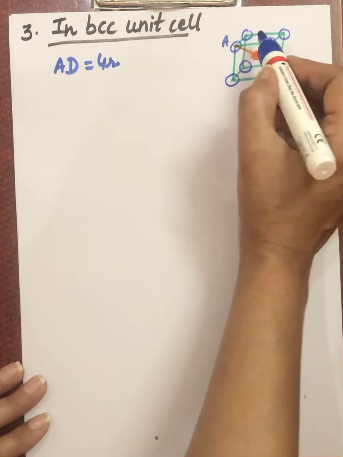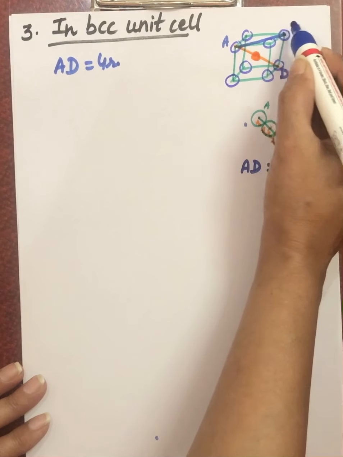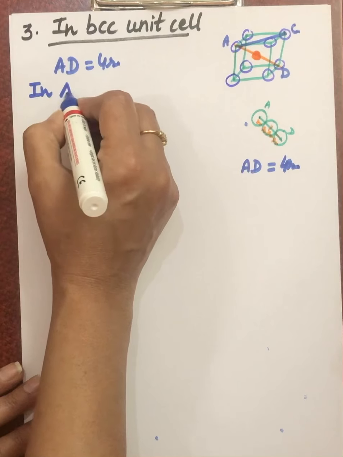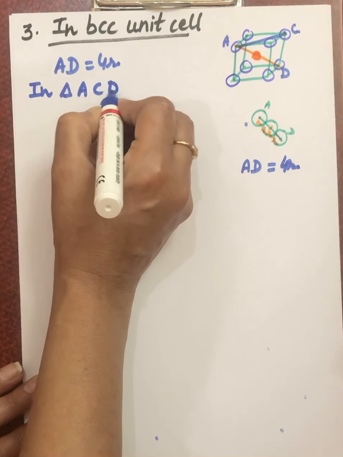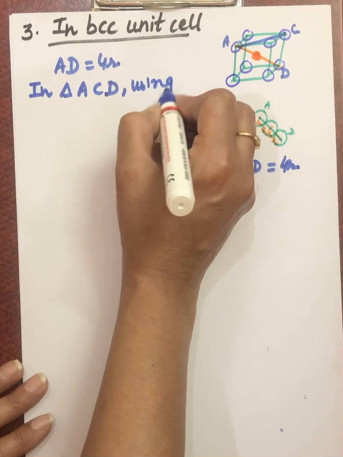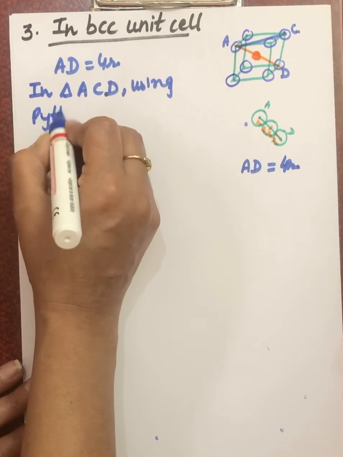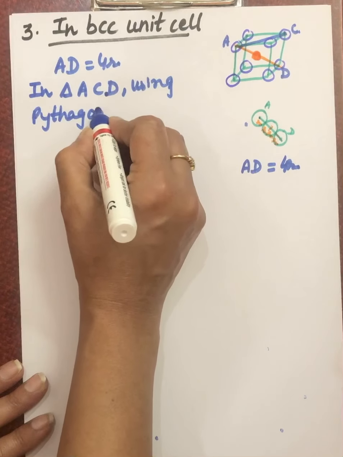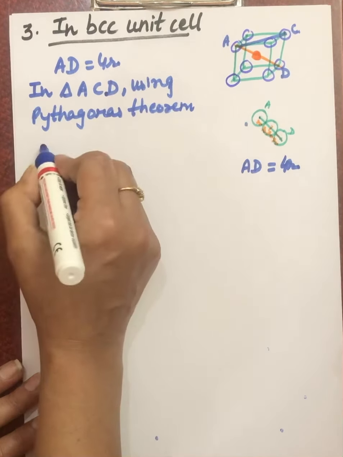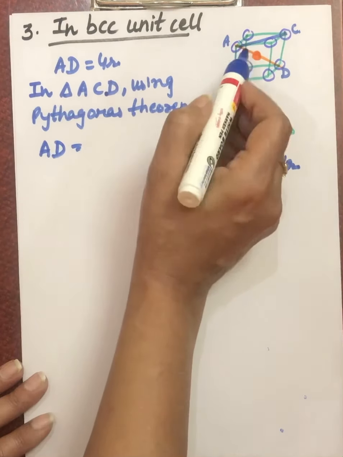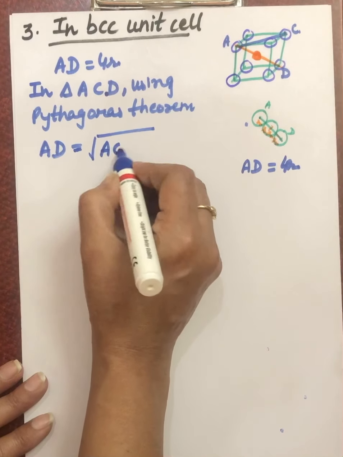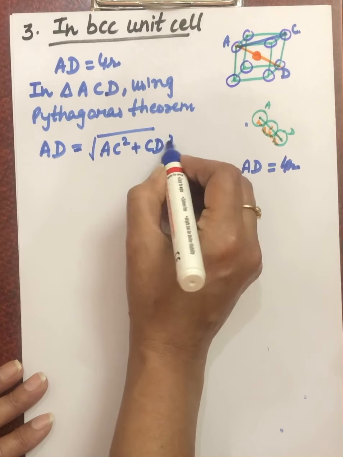And we join this point also. This I am taking as C. Now in triangle ACD, we use Pythagoras theorem. Then AD will be equal to root of AC square plus CD square.